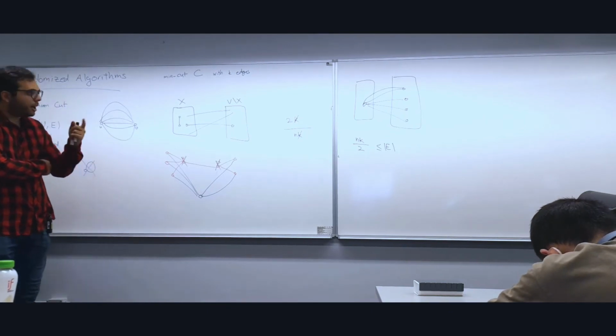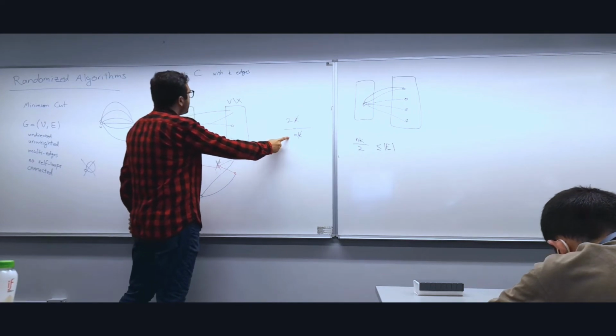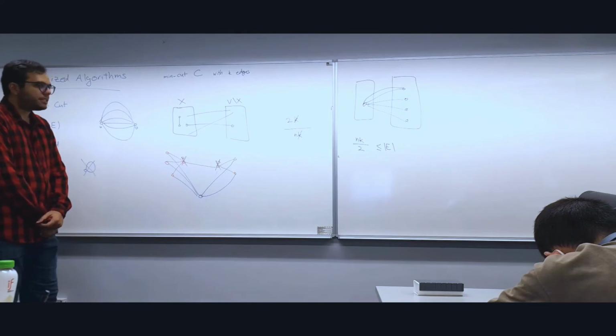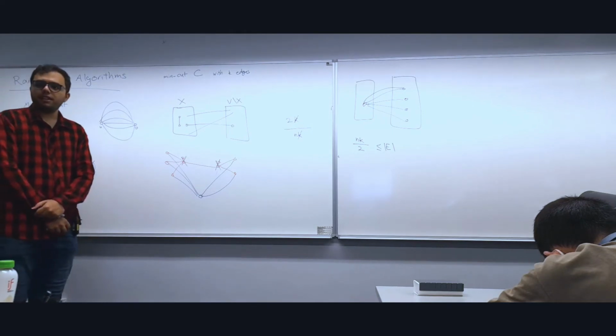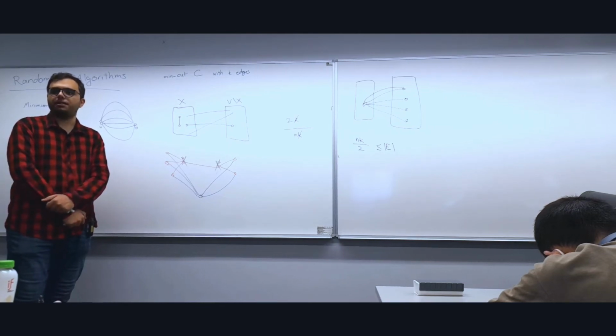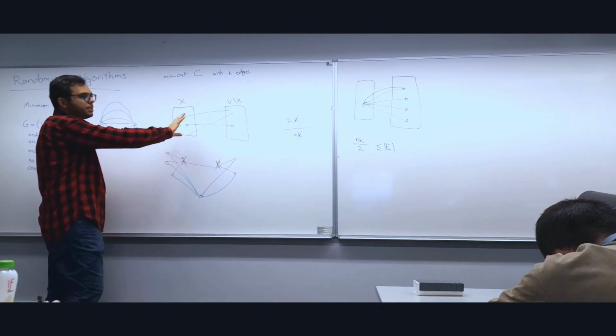Okay, so I know that the probability that the first contraction screws up is at most 2 over n. But now, let's say that the first contraction was fine. What is the probability that the second contraction creates a problem for me? So I did my first contraction, and I'm just assuming that everything was fine.